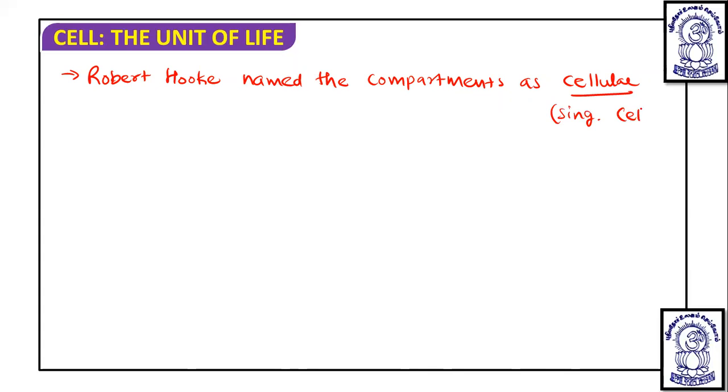Singular is cellula, and now they are known as cell. So what do you mean by cellula or cell? According to Hooke, it is nothing but a compartment with a pore and the wall which is separating them.